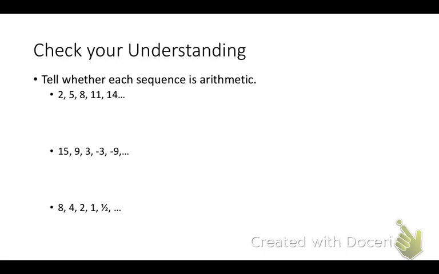So like in this case, is the first one arithmetic? Yes. What are we counting? We're going up. Okay. It's going up by 3 every time, right? What about the second one?